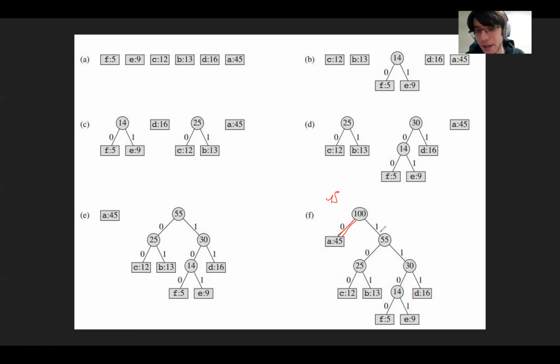And then 16 times we have to go down and make 3 choices, plus like 16 times 3, right? This is the total number of times we're actually gonna have to make a check if we want to find a character in the tree, for example. Or if we actually want to make the whole file from the tree. And then this is how we would do it, right? Like there would be 3 checks, 1, 2, and 3 to get to C as well. So it would be 12 times 3.